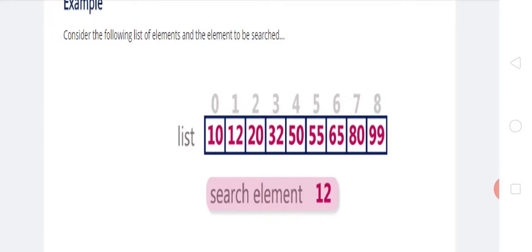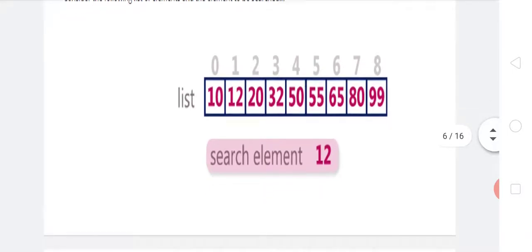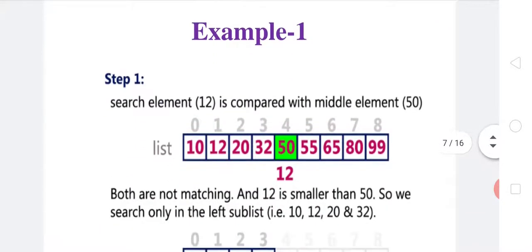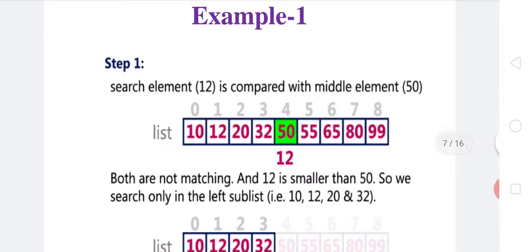In the figure, the search element is 12. This search element 12 is compared with the middle element, as we saw in the previous slide. In step number 1, search element 12 is compared with the middle element. First we calculate the middle element. How to calculate it?